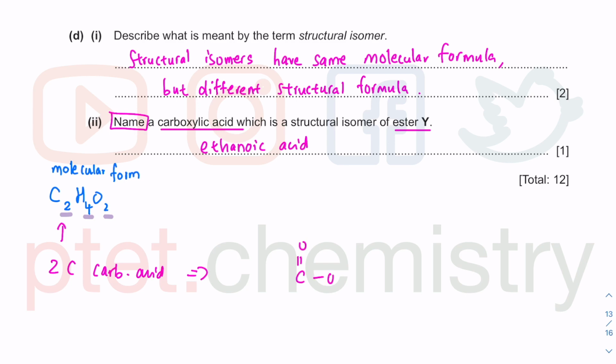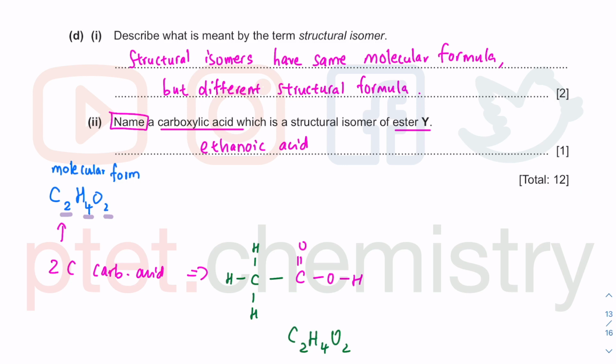I draw COOH first, but then 2-carbon, so I add another carbon, but there is no more carboxylic acid, so it's just C2H4O2, and you can see same molecular formula. Previously, this was the ester, this is now the carboxylic acid, different structural formula for the carboxylic acid. Ethanoic acid is a structural isomer of the original ester earlier.